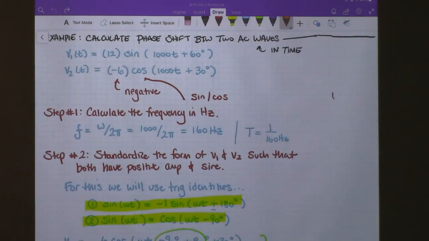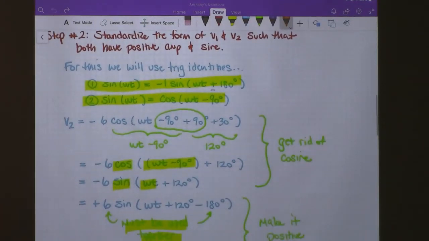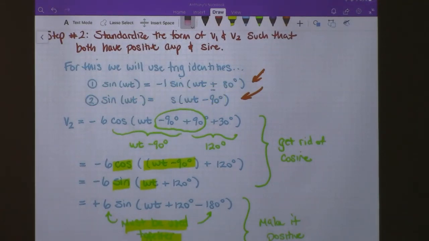Now in order to do that, we're going to use these two trig identities right here. We know that the sine of omega t is equal to negative 1 sine omega t plus 180 degrees.